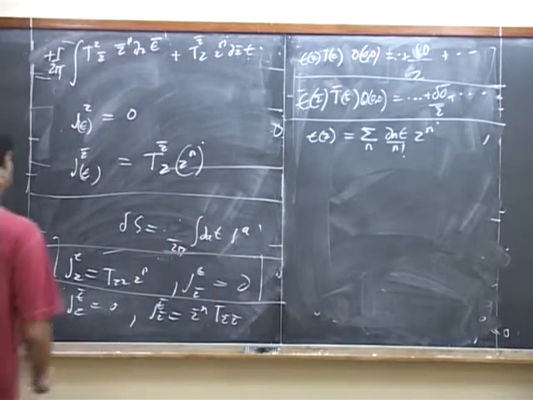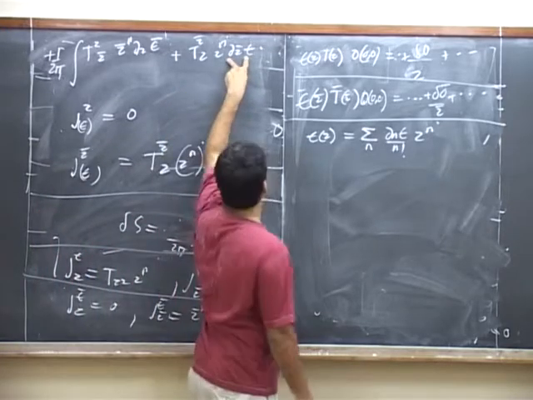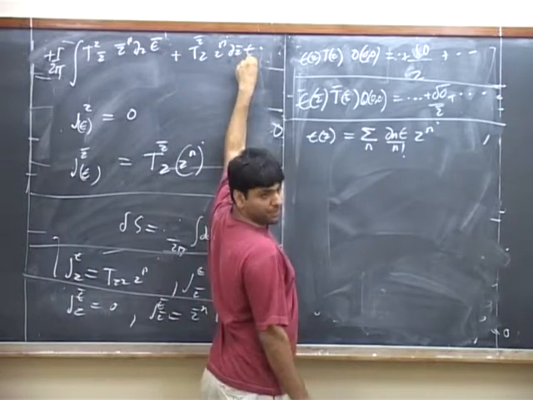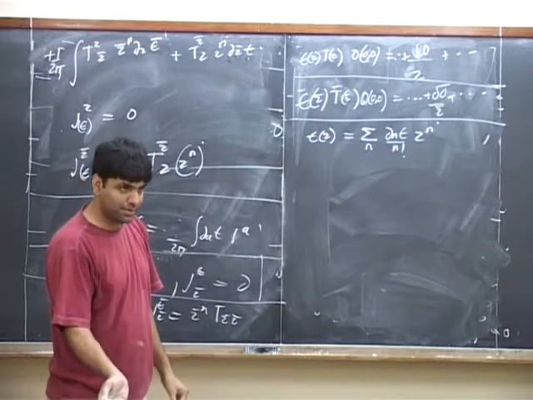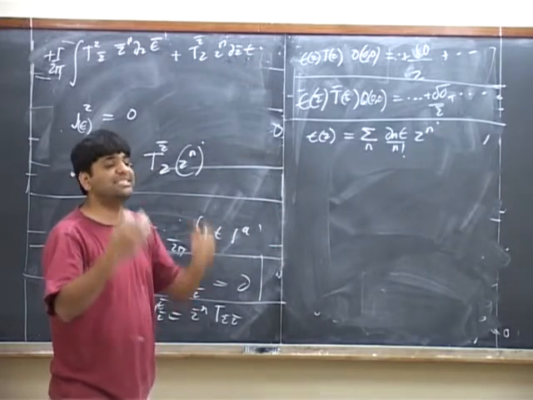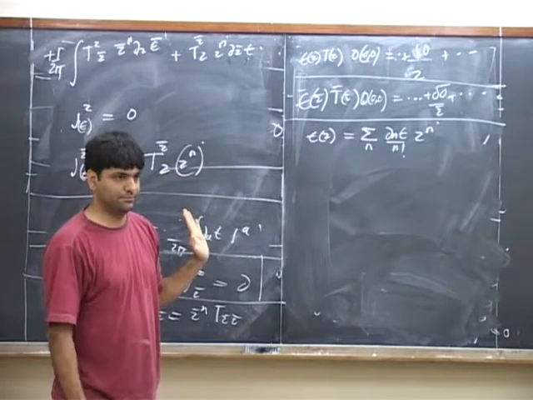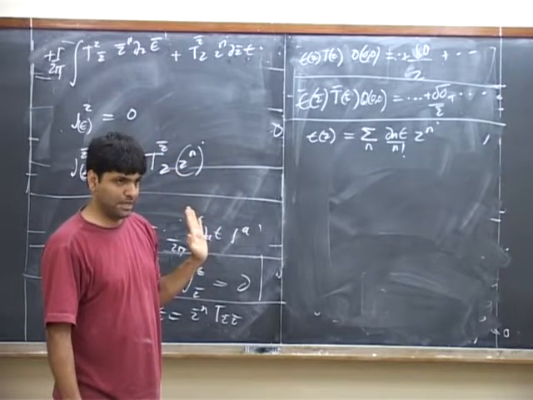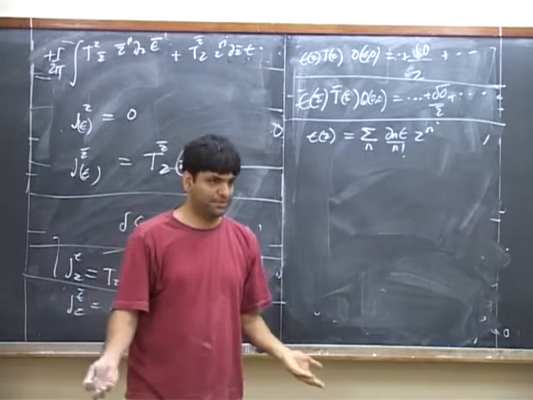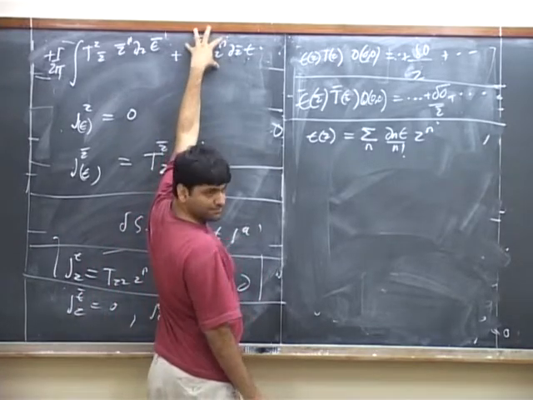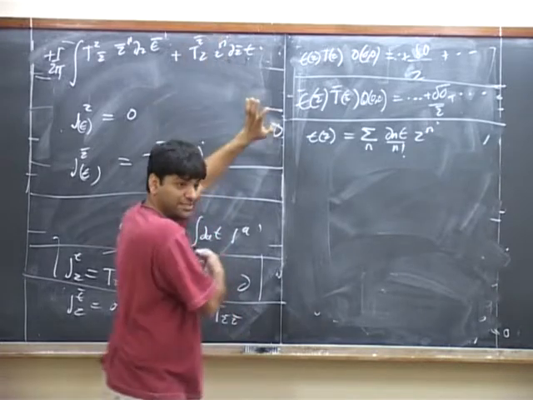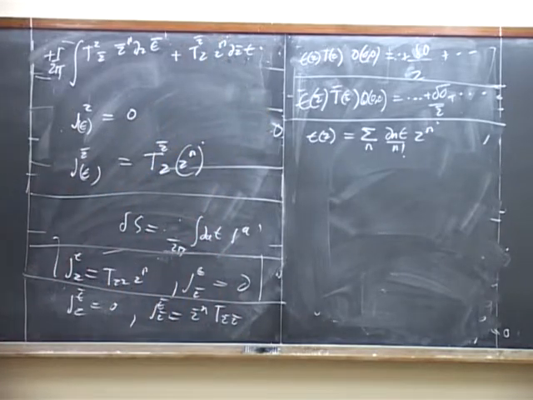What appears here is the z bar derivative of epsilon. That tells me that the current corresponding to epsilon has only a J z bar with an upper index, and therefore only a J z with a lower index. And what is that component? Well, it's this. So there's no choice. I'm just reading off the components. Is this clear?